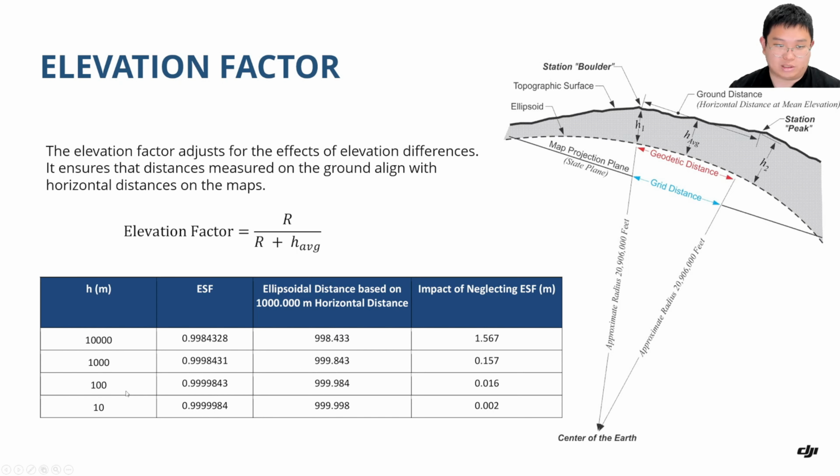However, if I increase the elevation to 1,000 meters, I'm starting to get some noticeable errors due to the distortion. So this is another factor you need to consider when correcting the distortion caused from projection, especially when your project is located in a high elevation area.